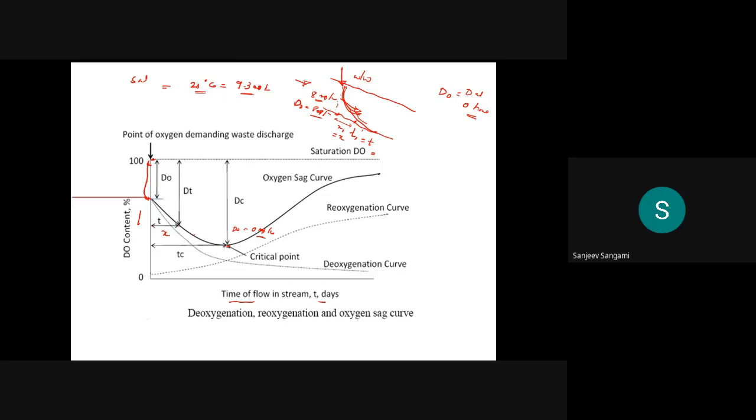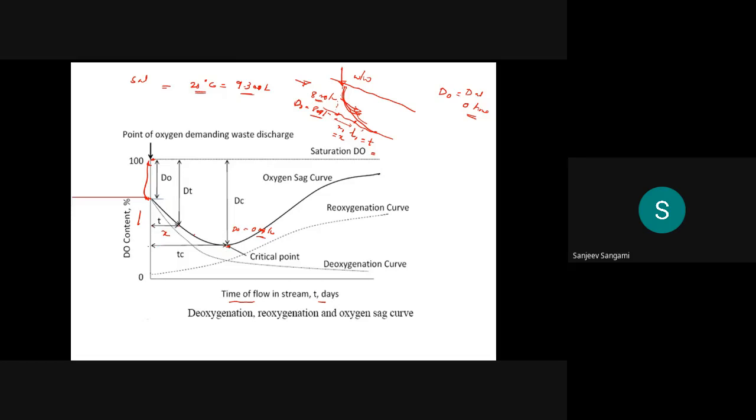This we can call as the critical point. Means here the fish will not survive. All the fish or aquatic life is going to die at this point. That point we can call as the critical point. Make sure that no river should reach this point. At least some DO should be maintained.